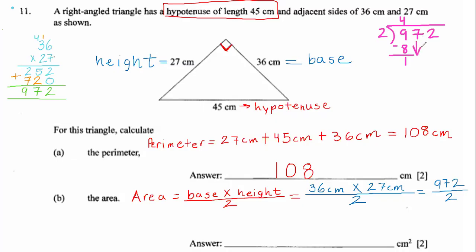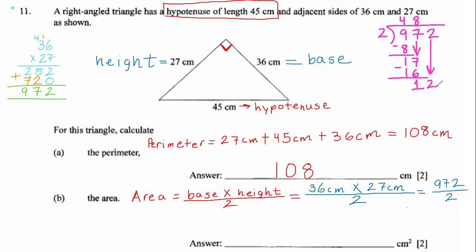Bring down the 7. How many times does 2 go into 17? 8 times, very good. 2 times 8 is 16. 17 minus 16 is 1. We bring down the 2.